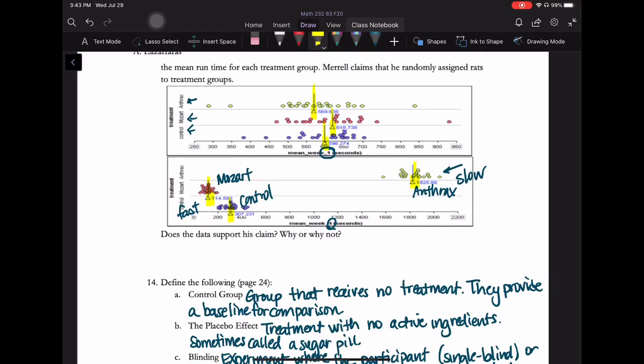Now, in order to support the claim of whether the music impacts their ability to run, notice that the average for the Mozart rats is much smaller than control and much smaller than Anthrax. So I would say yes, the mean is very high for Anthrax, but it is much lower for Mozart, which means that they were faster.